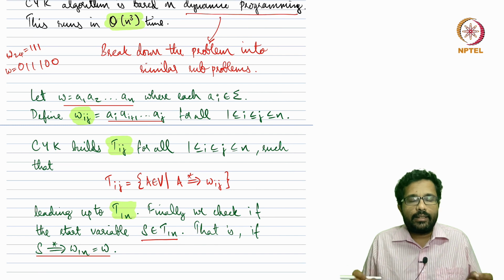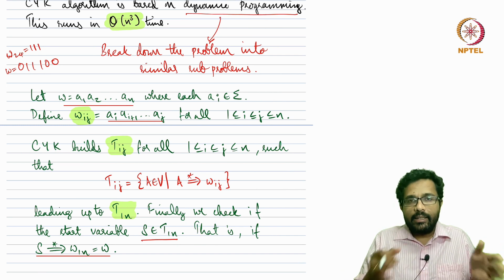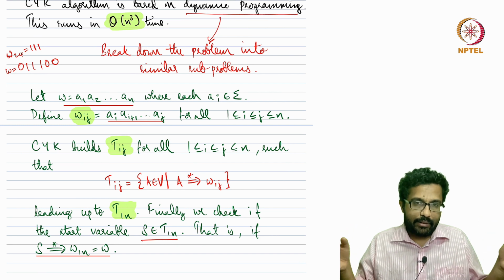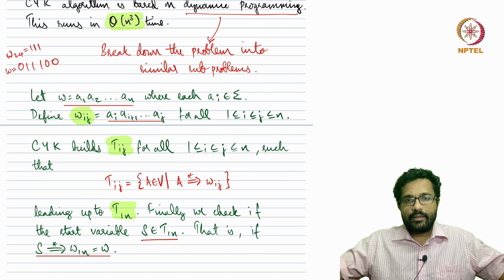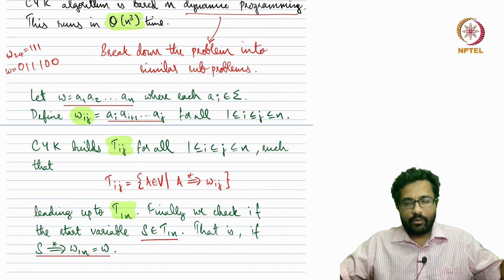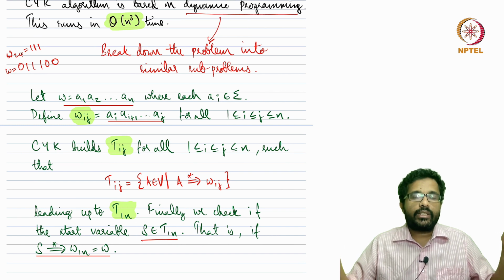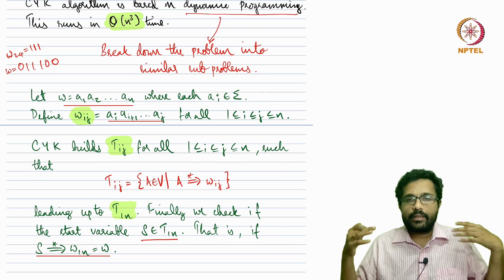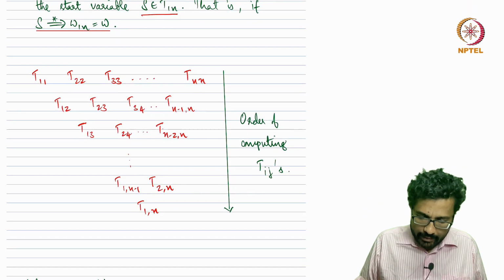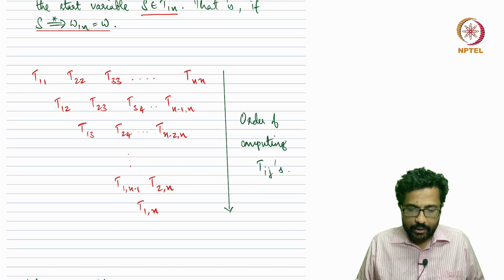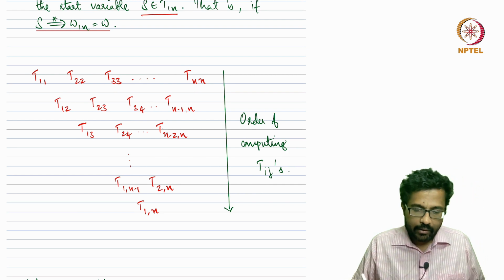When I say smaller Tijs, I mean Tijs corresponding to the smaller substrings, to build the Tijs corresponding to the bigger substrings, and so on till we get to the entire string, which is T1n or W1n. And in the set T1n, which corresponds to the entire string, we check whether the start variable is a member.